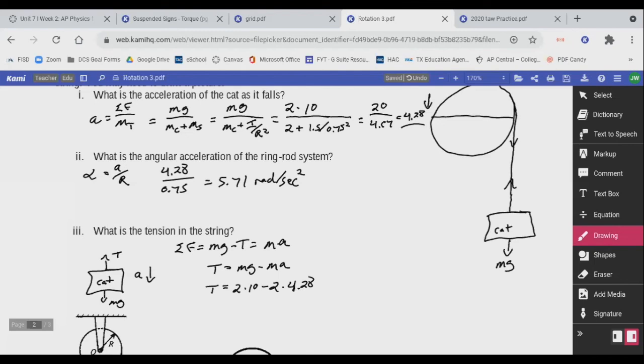Okay, so then tension would equal 4.28 times 2. 20 minus that, 11.44. That funky thing right there is supposed to be newtons.